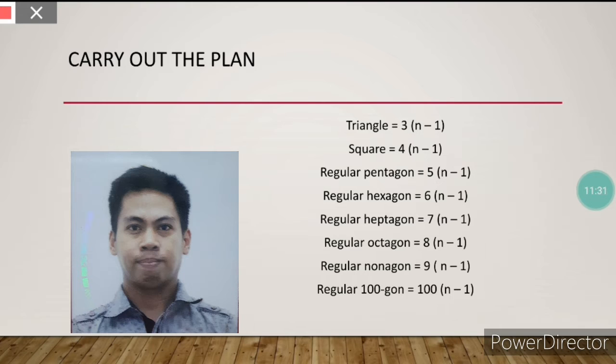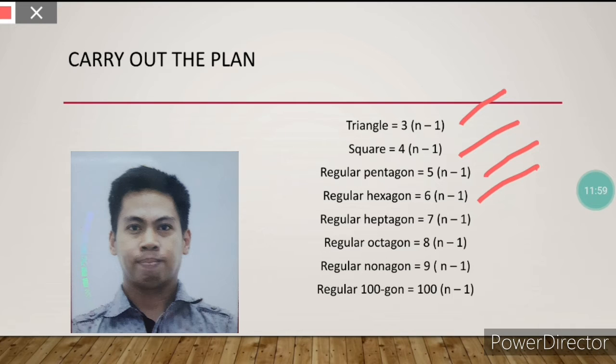Therefore, if the polygon is an equilateral triangle, the formula is 3n minus 1. If the polygon is a square, the formula is 4n minus 1. For a regular pentagon, 5n minus 1. For a regular hexagon, 6n minus 1.